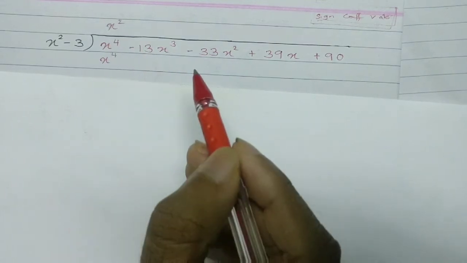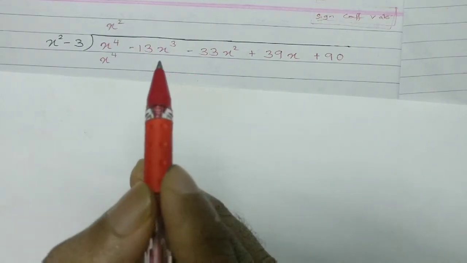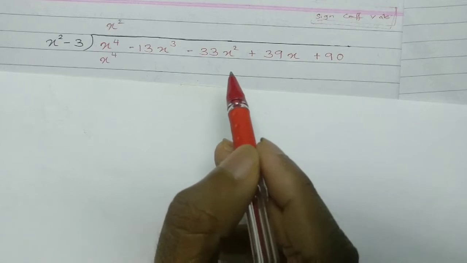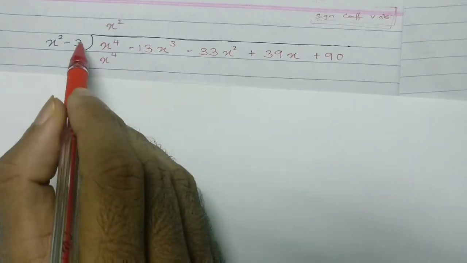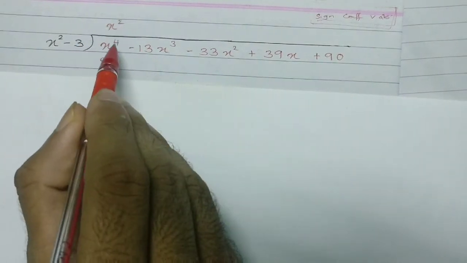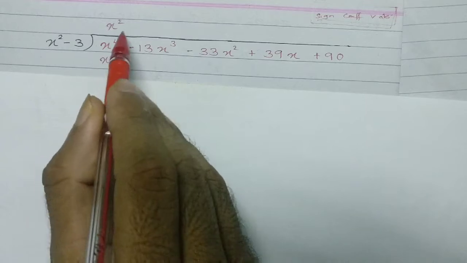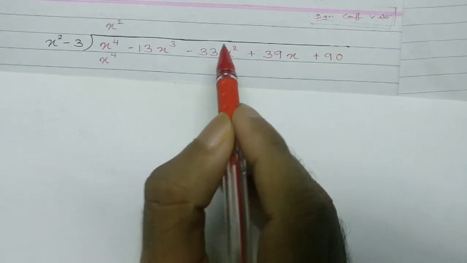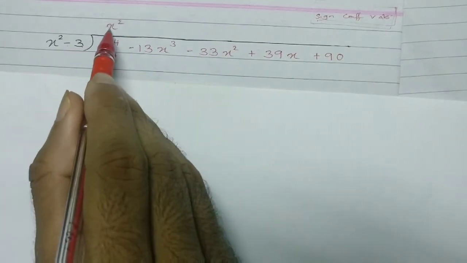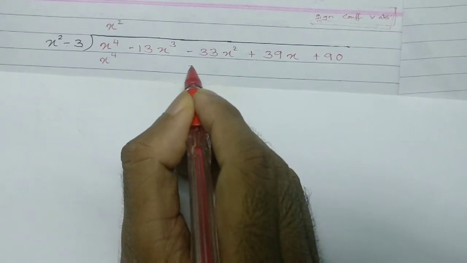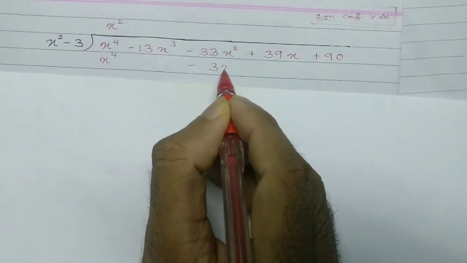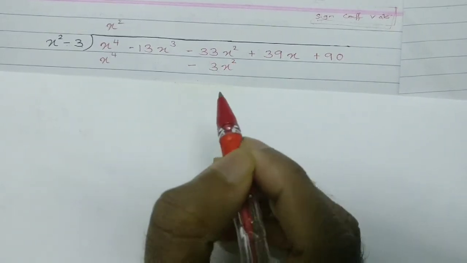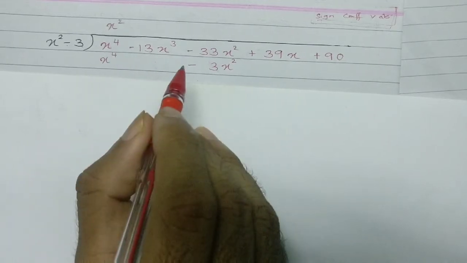Now where will I put this minus 3x square? I will put it in the place where it is supposed to be. So this is for x raised to 4, this is for x raised to 3, this is the x square term place, so I'll write minus 3x square over here. Leave the space as it is.